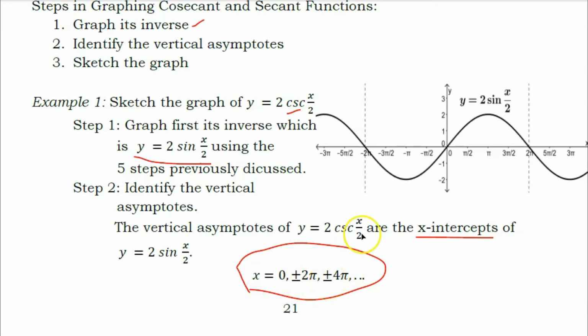Knowing that we have identified the asymptotes, you can then put the curve on top.